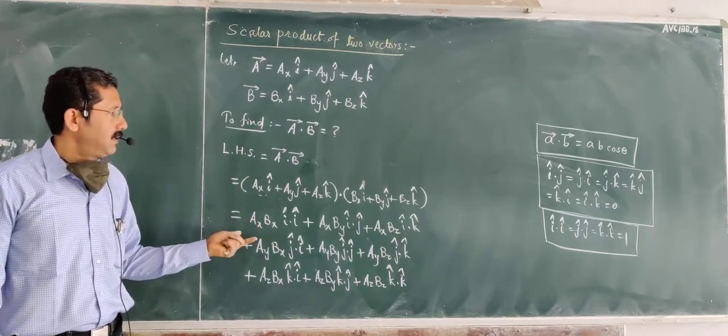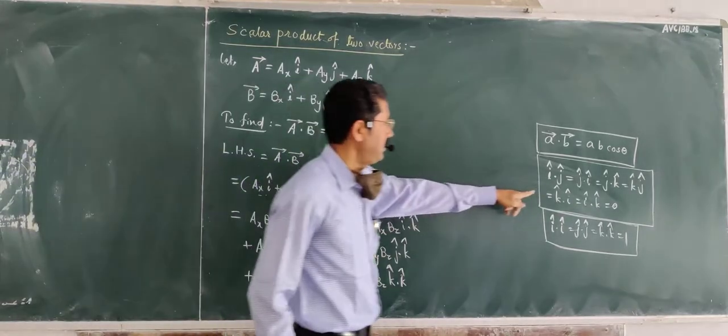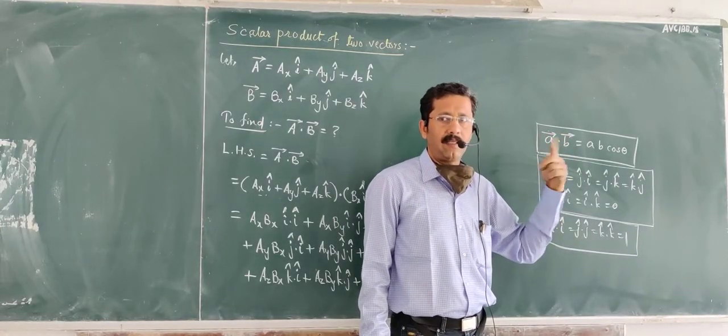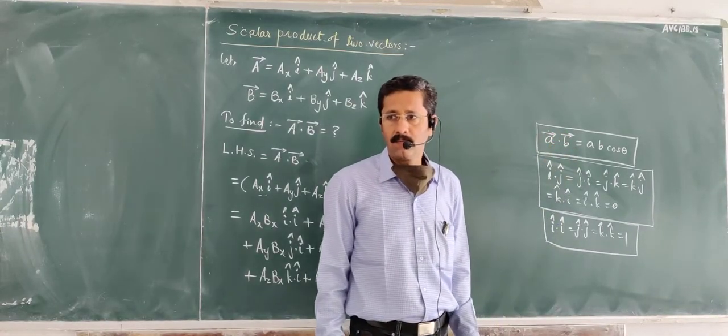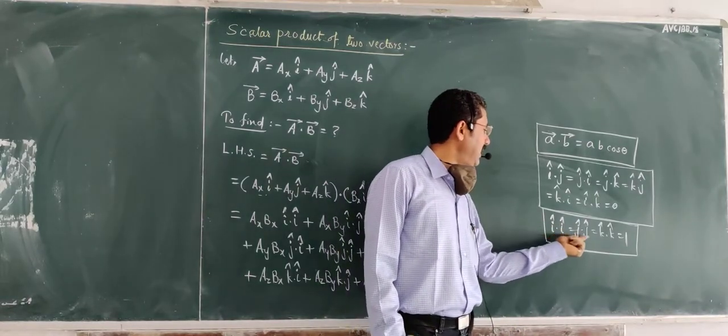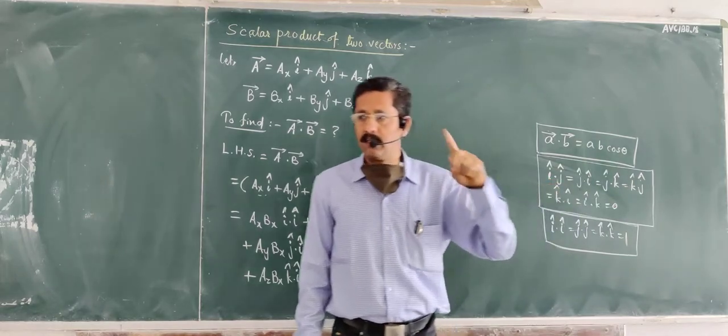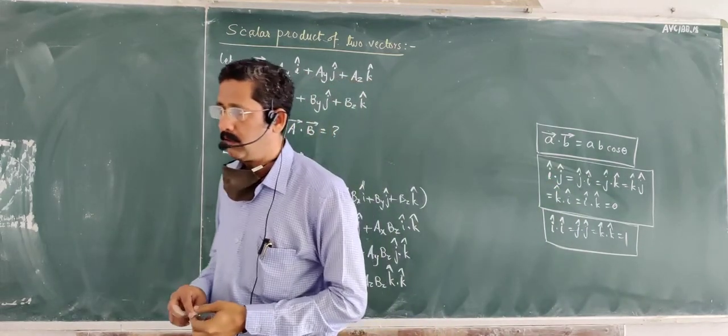Out of which, I have already said that the dot product of any 2 different unit vectors I, J, K is supposed to be 0. And for any 2 identical unit vectors, I dot I, J dot J, K dot K, the dot product is going to be equal to 1.